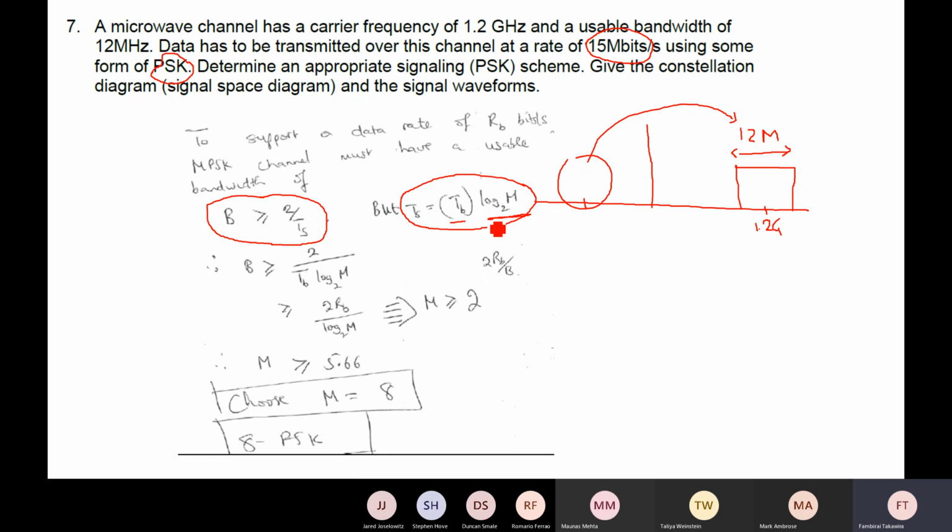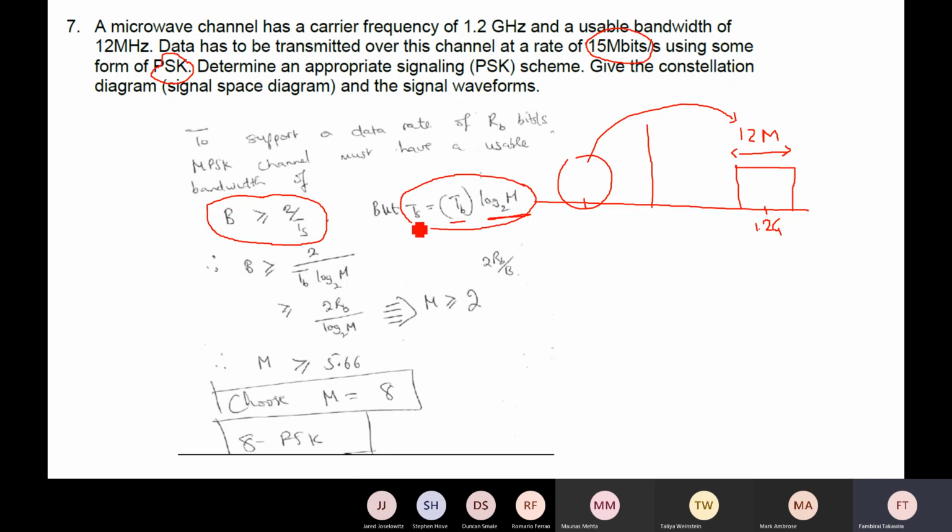If M is equal to 4, we are transmitting 2 bits per symbol, which is the case of QPSK, etc. If M is 32, then we are transmitting 5 bits per symbol, etc.